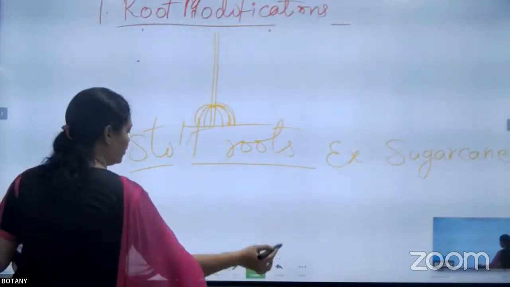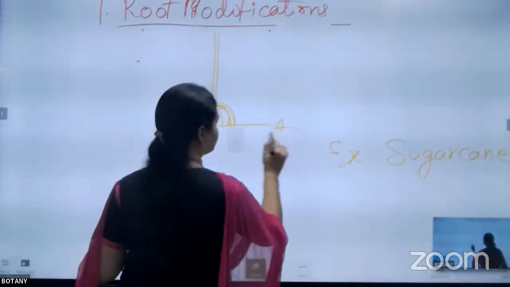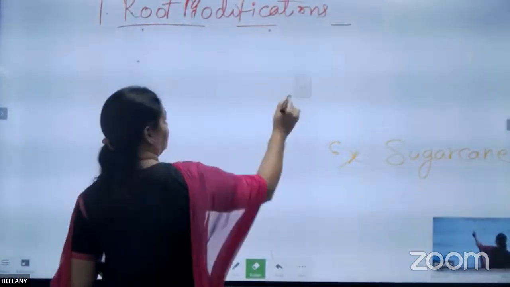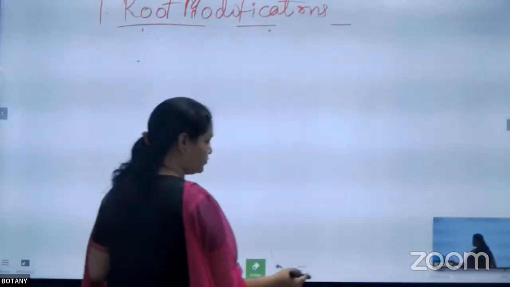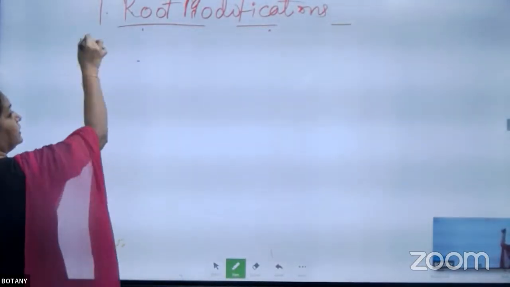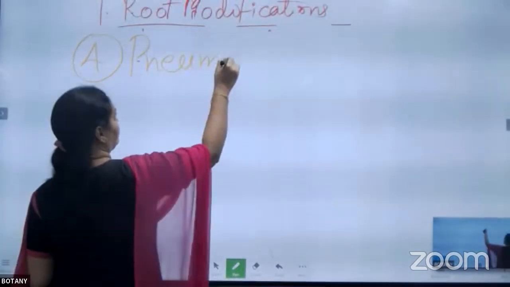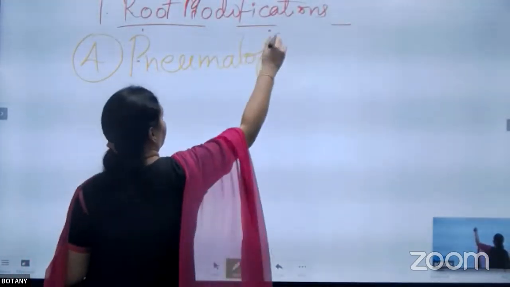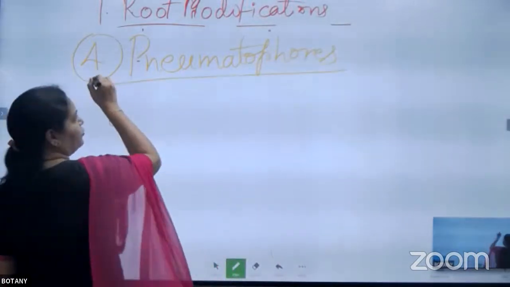And the fourth one is pneumatophores. And we learned the same one in the 10th class as the respiratory roots. But here we have to write it as pneumatophores, because we came to inter.